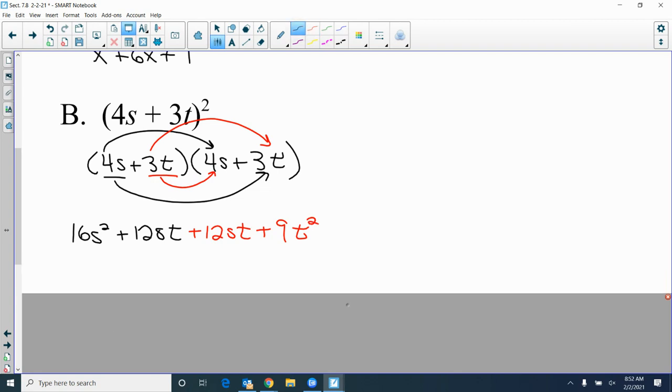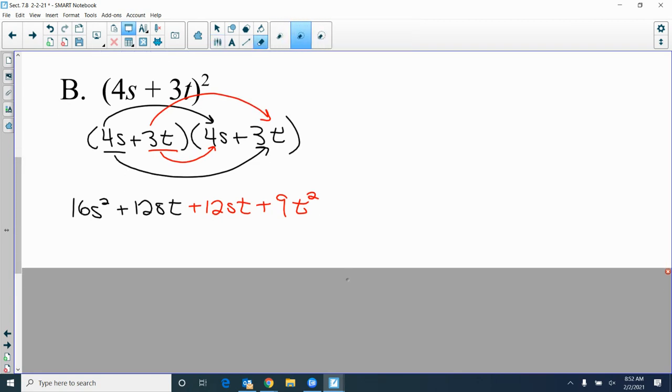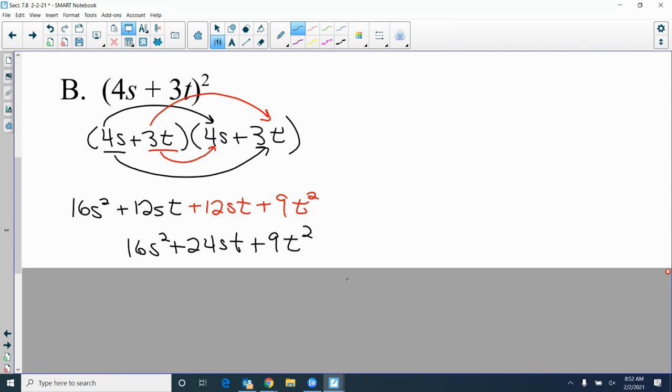All right, now that's an ST here in the middle. There you have two STs. So you have 16s squared plus 24st plus 9t squared. Nothing else you can do. If you get that extra letter, it's not a big deal.